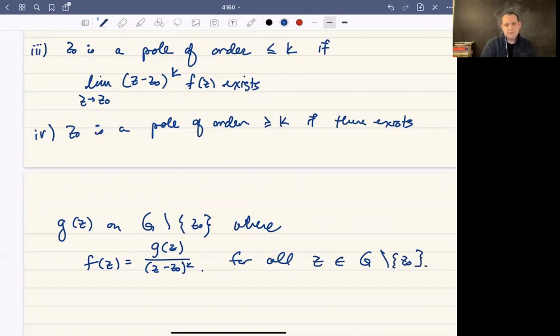So that means that you must have a pole of order at least k if that happens.